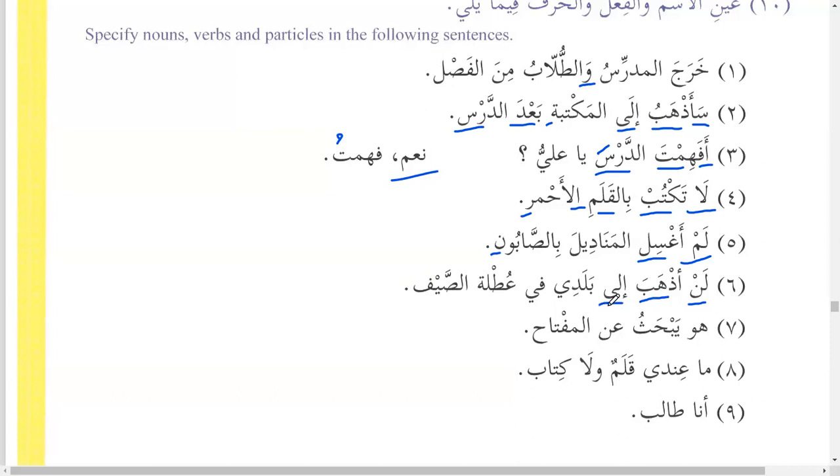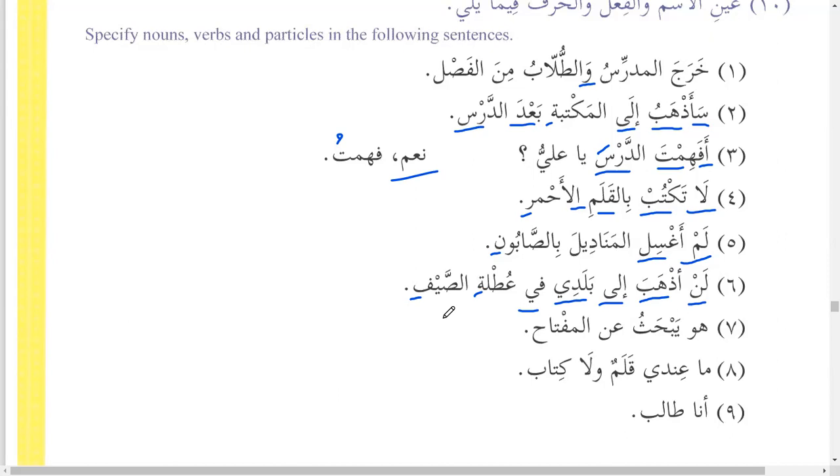Ila is harf jar, biladi is mudaf ilayhi. Fi is harf jar, and 'utlat as-sayf is mudaf ilayhi, again ism. Okay, so what's the translation? Lan adhhaba ila biladi fi 'utlat as-sayf.